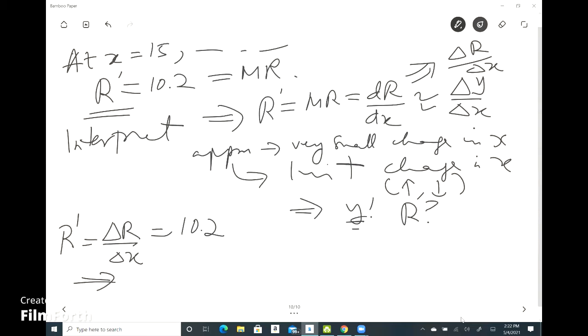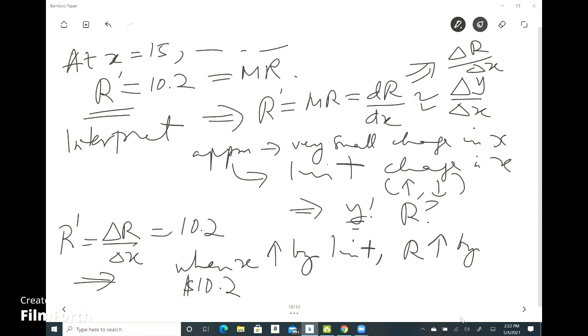So we use that concept, all right? So here, when x increases by 1 unit, all right, the revenue will increase by how much? By $10.2. Now, if this x is, as we already know, the number of flash drives in units, you can say when the number of drives increases by 1 unit, revenue will increase by $10.2.